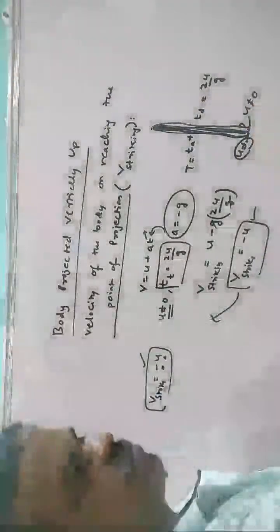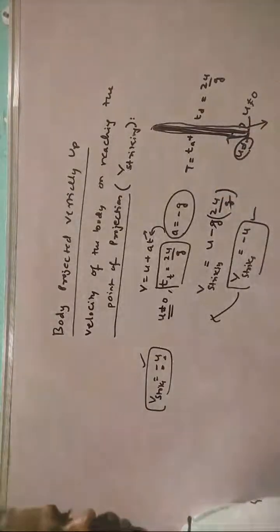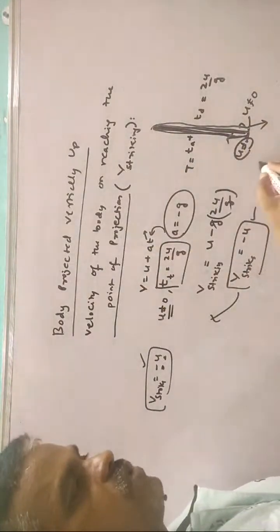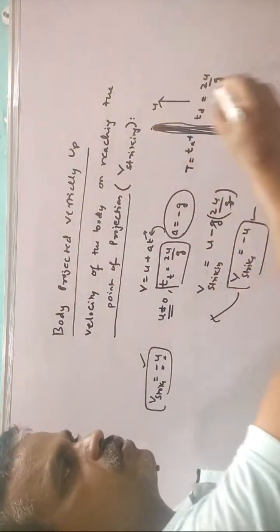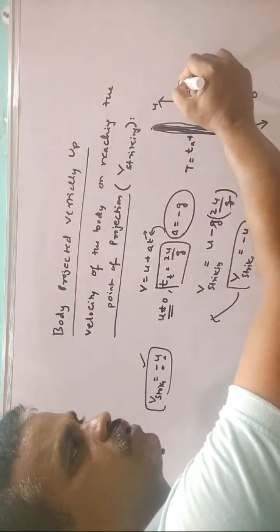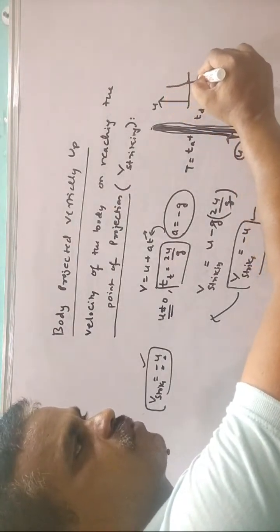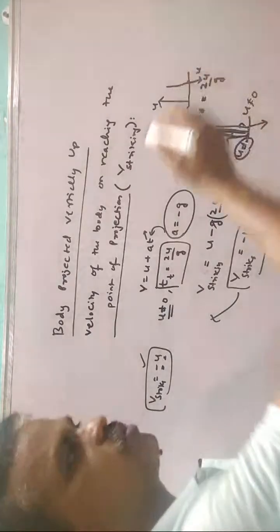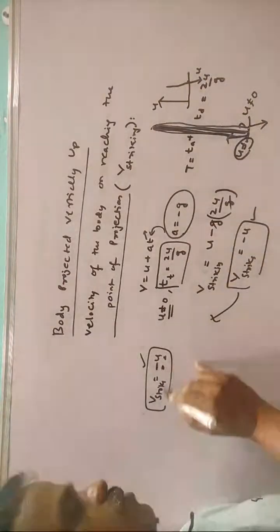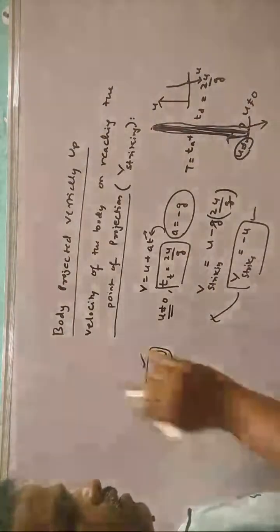It's the same velocity, but the direction is opposite to the initial direction. Initially we projected with velocity u. So here is the striking point. After reaching the ground, the velocity is the same but in the opposite direction. So negative means opposite direction. V striking is nothing but u only.